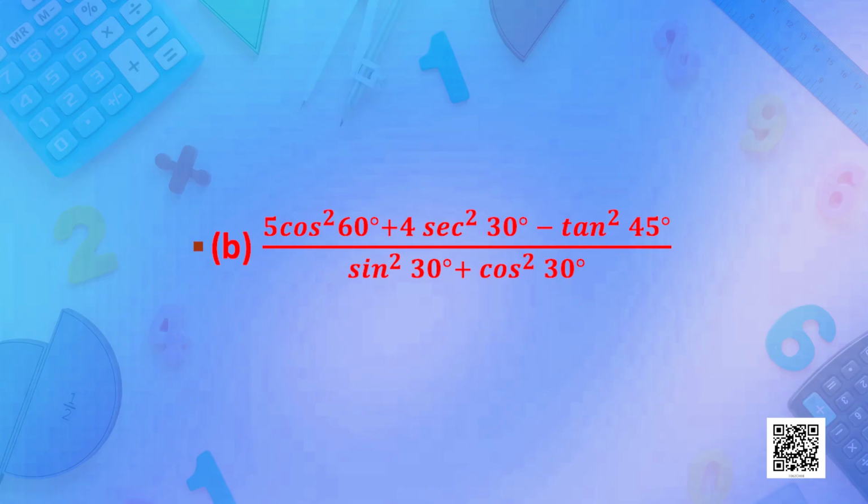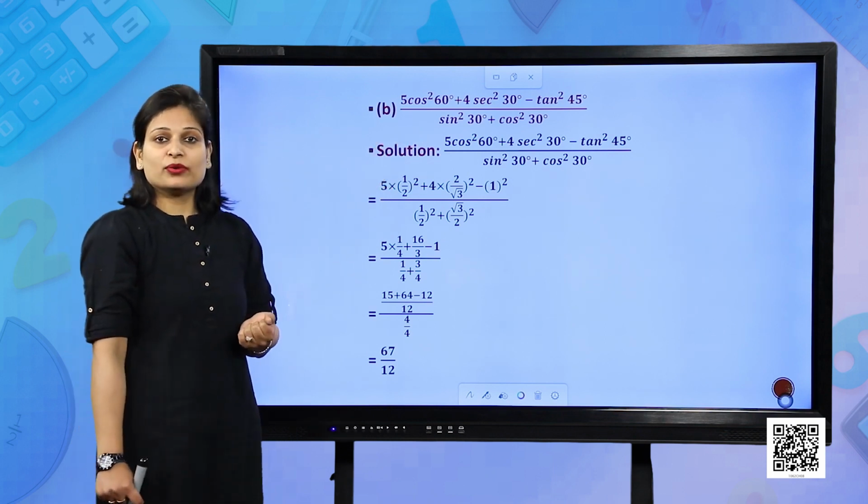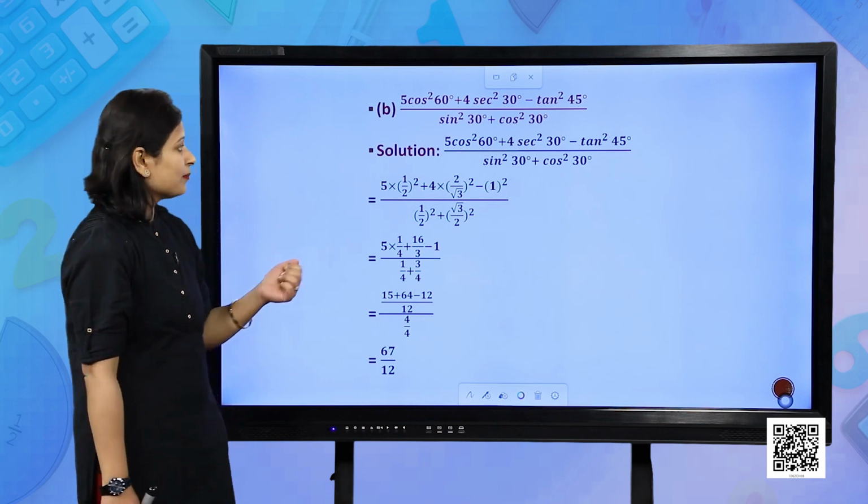Now, B part, in the numerator we have 5 cos square 60 degree plus 4 secant square 30 degree minus tan square 45 degree and in the denominator we have sin square 30 degree plus cos square 30 degree. So, for this we just need to substitute the values of these functions with respect to their angles.